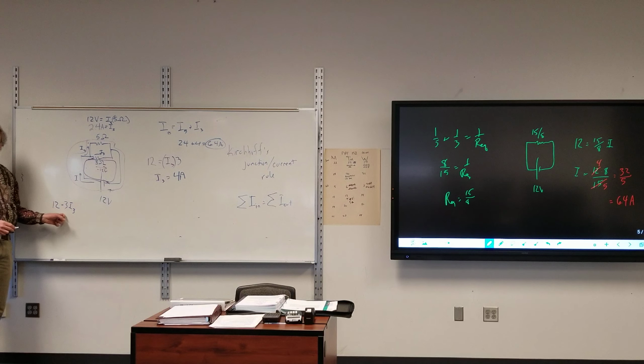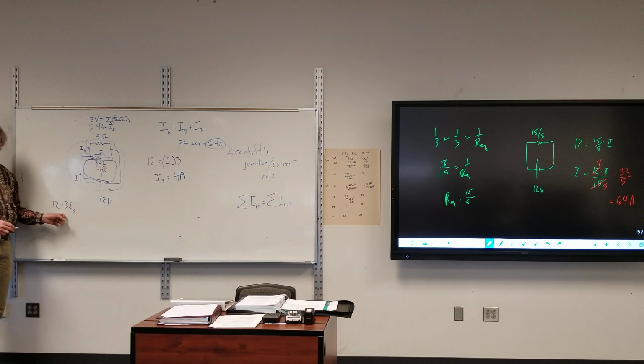But it works for any path. If I start here and I go around the path this way, well, I know current's going to be flowing to the right, so I'm going to lose going across that, so minus 5I5. Coming along here, I'm going against the current across the resistor. So imagine that if I have water flowing downhill, well, if I go this way, I'm gaining potential.